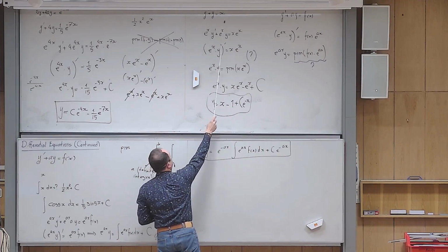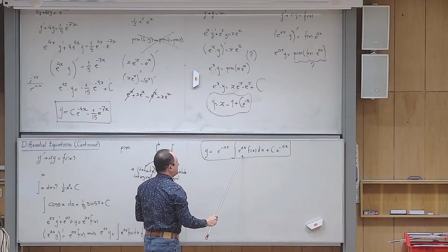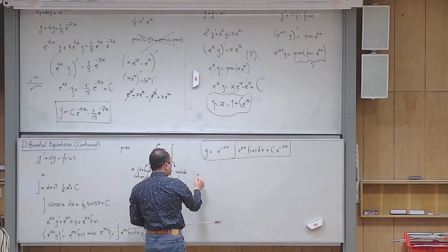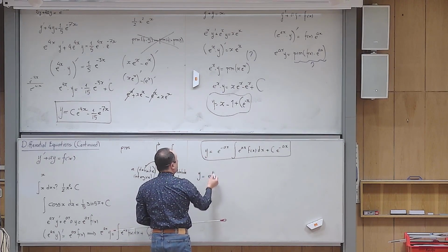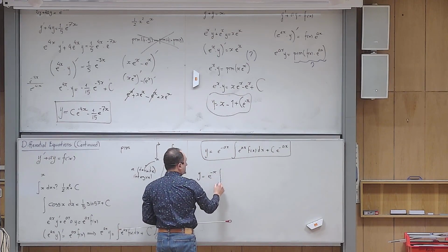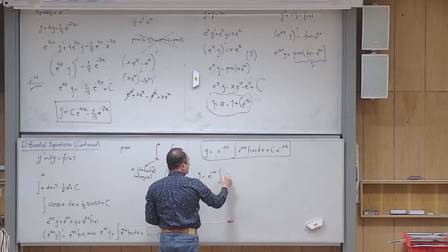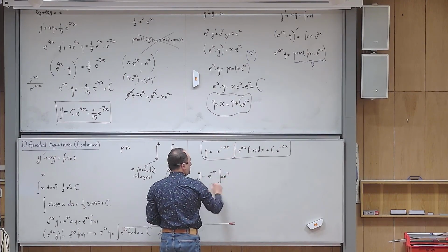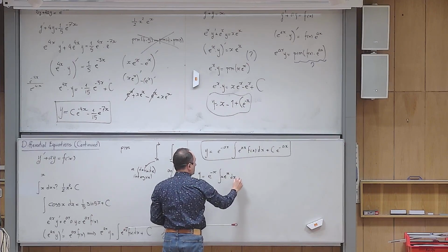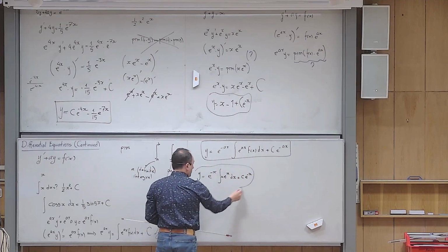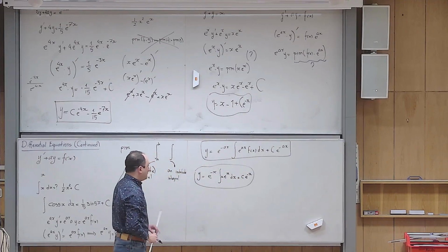So if I give you this differential equation, and if you have this formula in front of you, you can plug the numbers in, yes? So y becomes equal to e to the power of minus x, integral e to the power of x times x dx, plus c e to the power of minus x. So this is acceptable, by the way, okay?